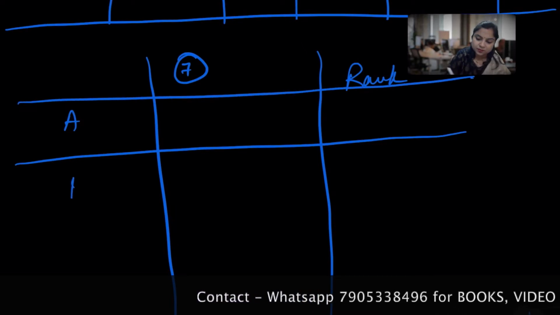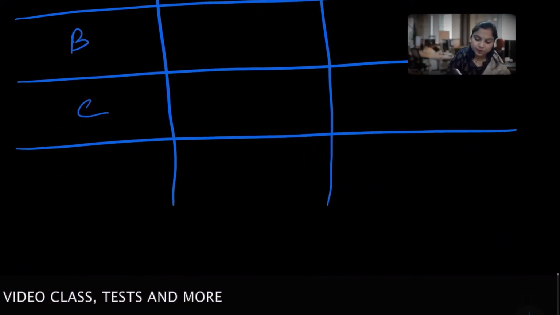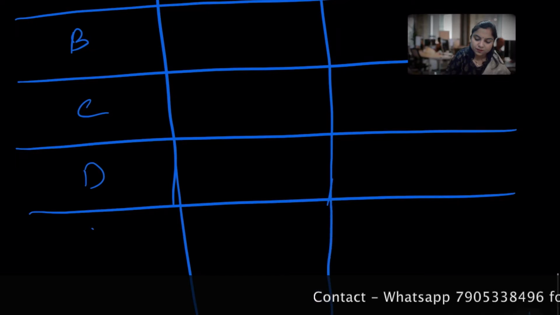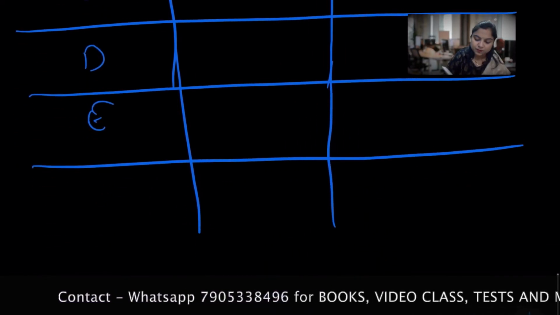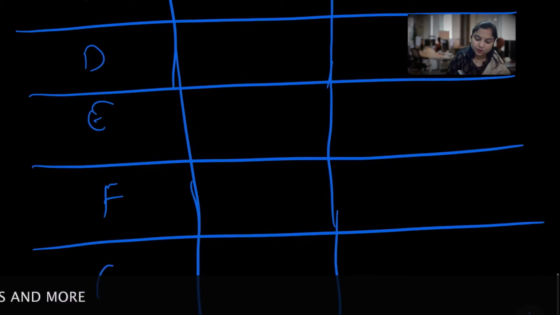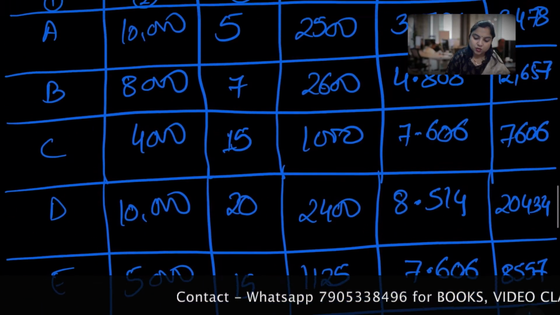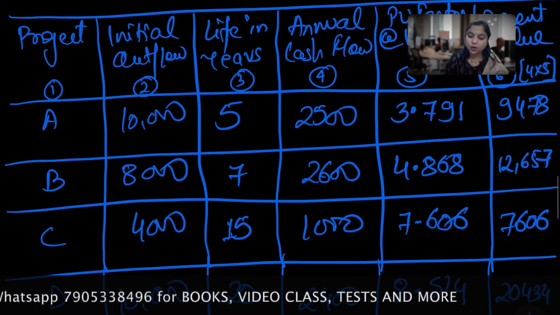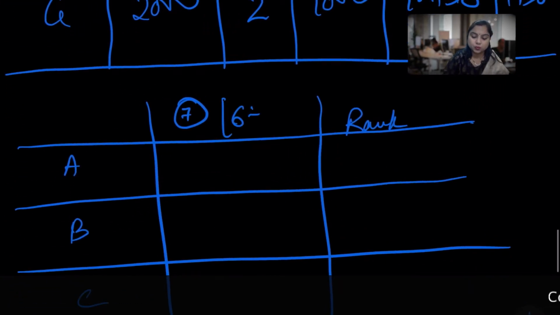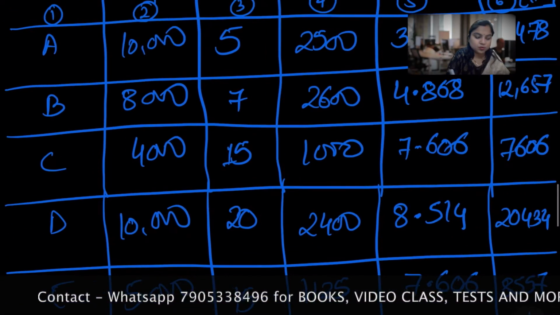B, C, D, E, F, and last one was G. Okay. So column number 7, what we do, column number 6 divided by outflow column number 2. So 6 divided by 2.